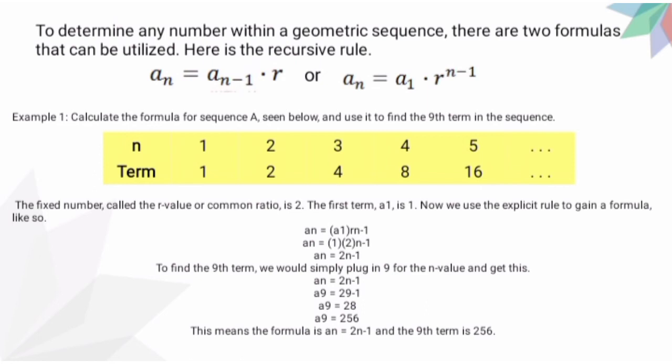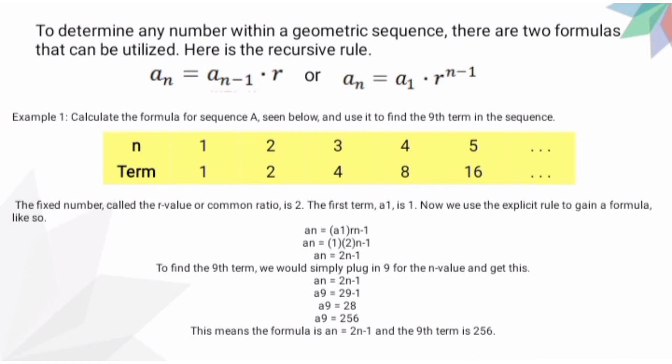The first term a1 is 1. Now we use the explicit rule to get a formula. an equals a1 r to the n minus 1. an equals 1 times 2 to the n minus 1. an equals 2 to the n minus 1.